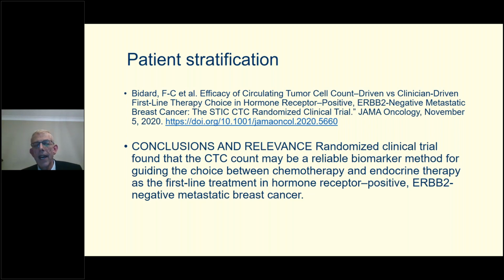So here there is evidence emerging in clinical trials that suggests that CTCs, on the basis of the type of technologies that we've talked about, may help in the decision-making process in terms of patient stratification for either standard chemotherapy or endocrine therapy, certainly within breast cancer. So some fairly positive data there.